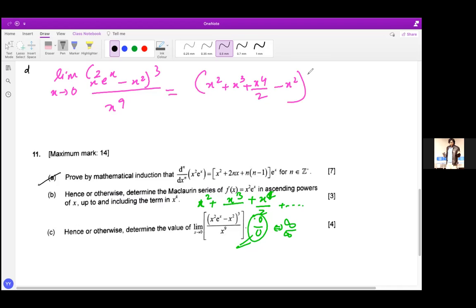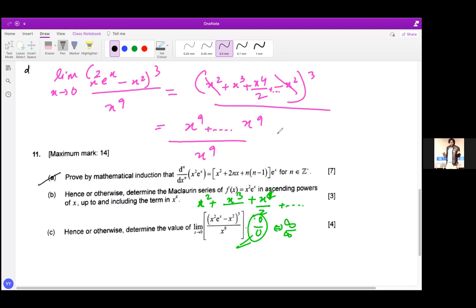I just put these values because, obviously, the series continues. x squared and x squared get cancelled, and if you apply any formula, obviously this will be the x to the power 9 term. The first term will contain x to the power 9, and the remaining will be higher powers that contain x, right? So you take x to the power 9 here.